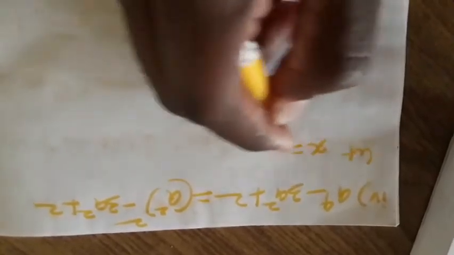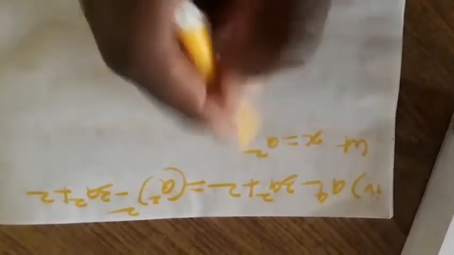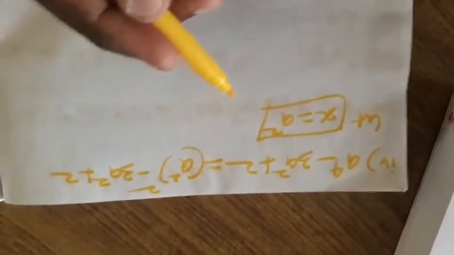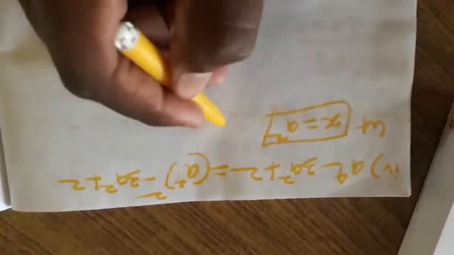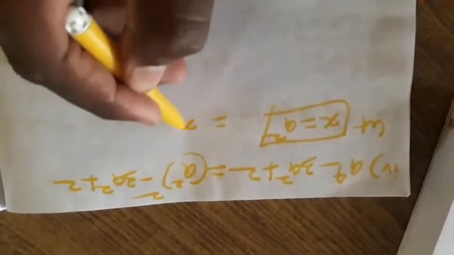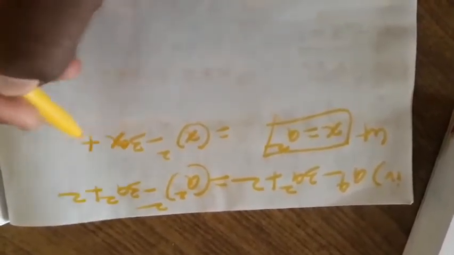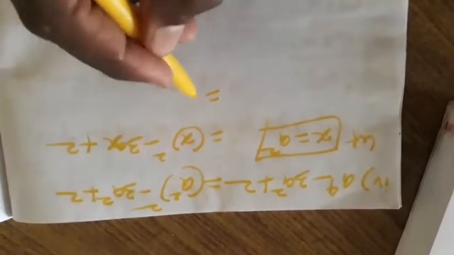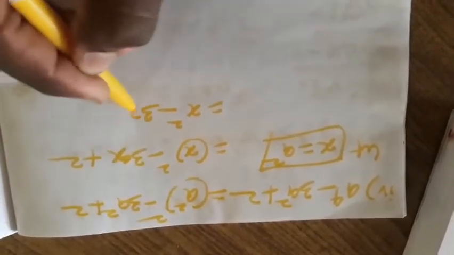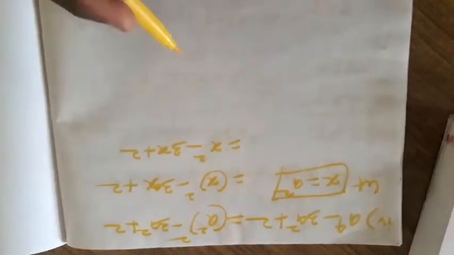Now let x equal a square. So a square is x, and the polynomial becomes x square minus 3x plus 2. This is the required polynomial.